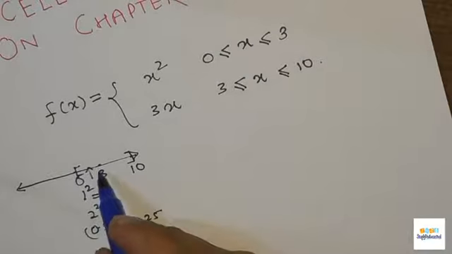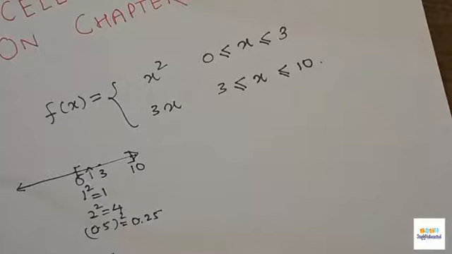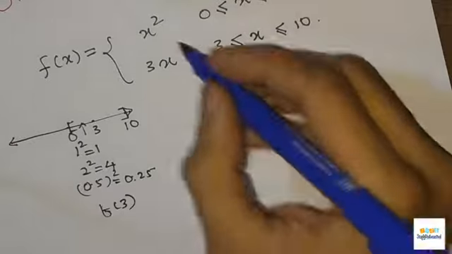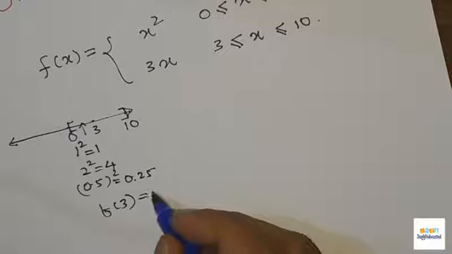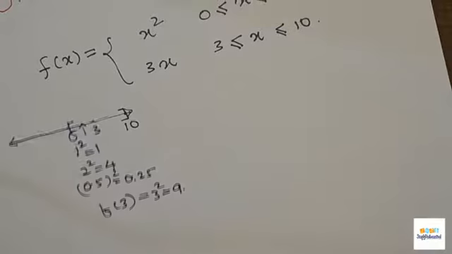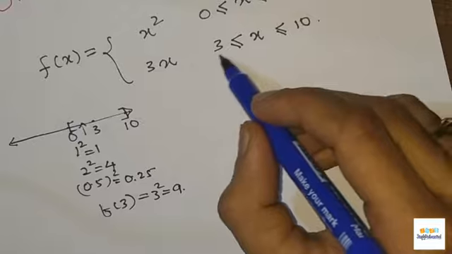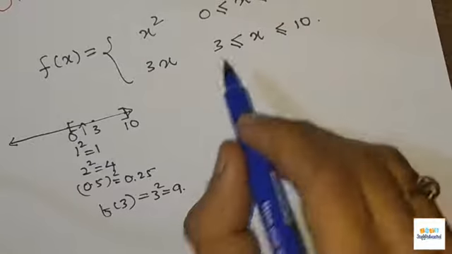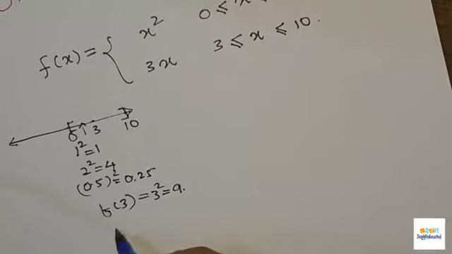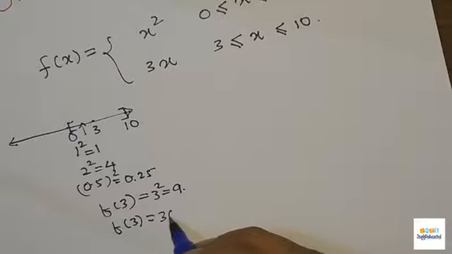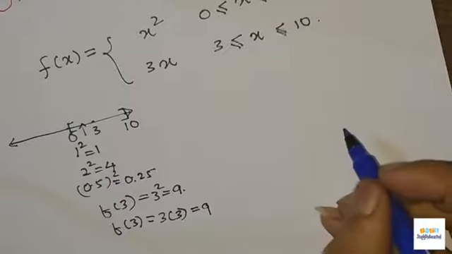Now if we check 3, then f of 3 from the first definition is nothing but 3 square, which is equal to 9. Now if you look at the x in the second part, x goes from 3 to 10. So if you take f of 3 from the second definition, you will get 3 multiplied by 3, which is 9.